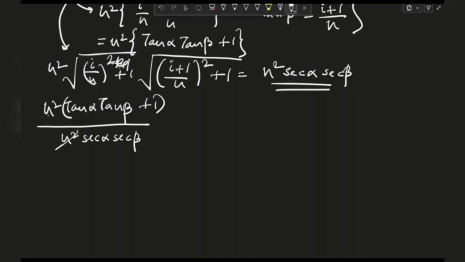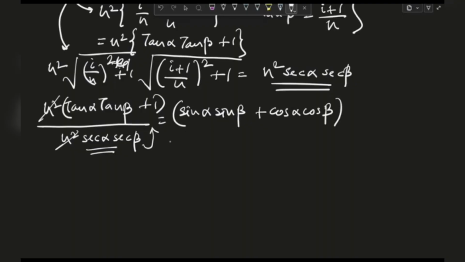Now this and this get cancelled, and now if we write tan alpha tan beta as sin alpha sin beta whole divided by cos alpha cos beta, this thing becomes sin alpha sin beta plus cos alpha cos beta. And now if we take this thing to the top, this becomes cos alpha cos beta, and one cos alpha cos beta comes down from here, both of them get cancelled.